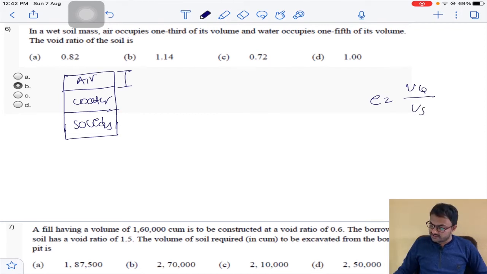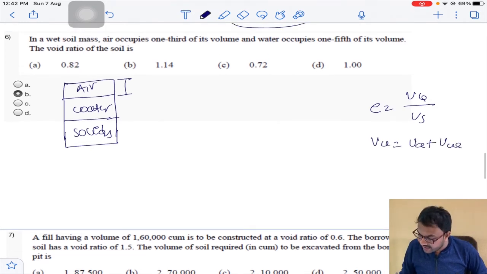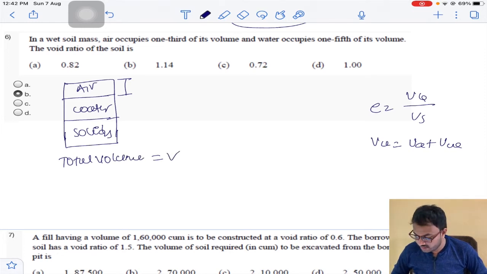Volume of void is equal to volume of air plus volume of water. He said air occupies 1/3. I am assuming total volume as V. Air volume VA is equal to 1/3 of total volume, and VW is equal to 1/5 of total volume.